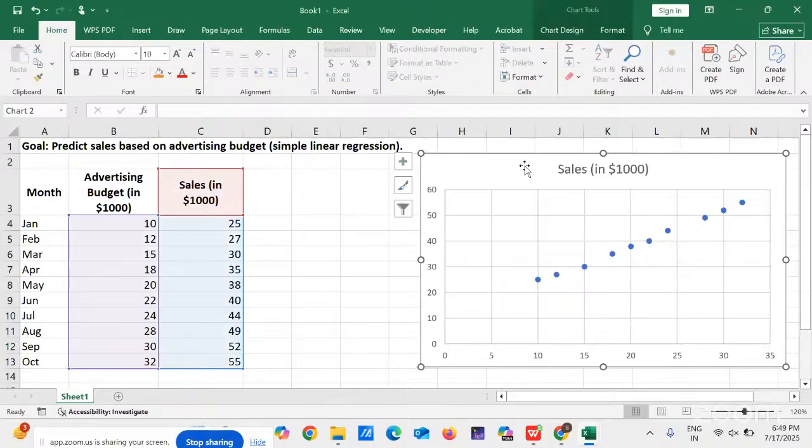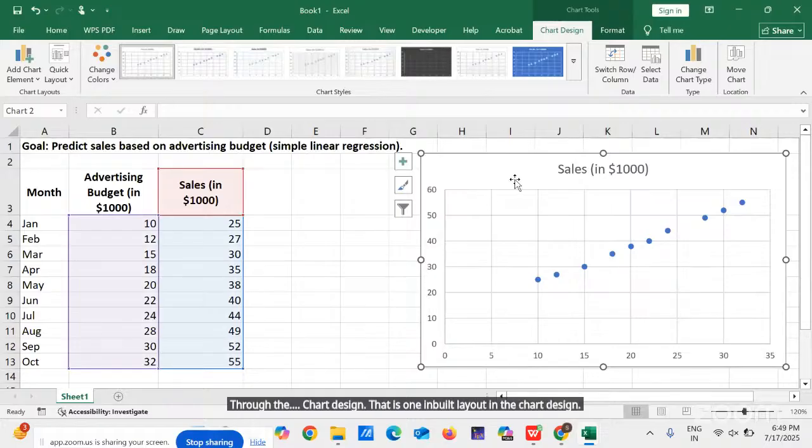For linear regression, we can get the model and the goodness of fit value also by a shortcut, that is, by an inbuilt layout through the chart design. There is one inbuilt layout in chart design only for simple linear, because it can work only for two variables. It is in the left side corner under quick layout.